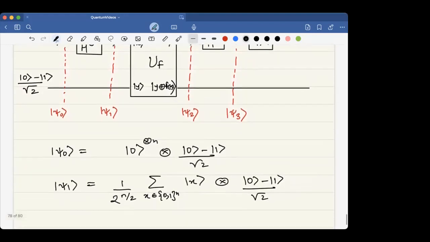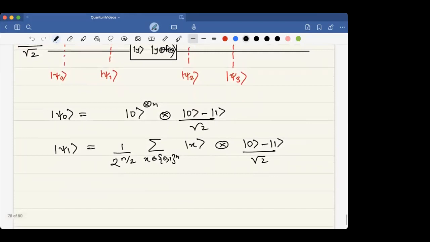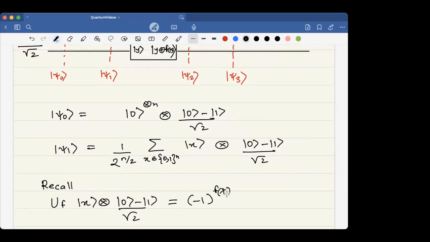And as before, recall that in our proposition, U_f acting on x tensor (0 minus 1) over square root of 2 was (minus 1) to the f of x, x tensor (0 minus 1) over square root of 2. Right? That was our proposition that we did last time.